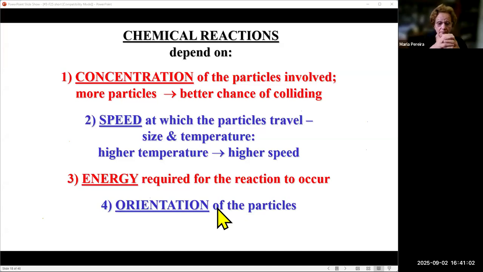Then if it bumps into the other particle, it can form a bond. So four important parameters that control the efficiency of a chemical reaction are the concentration of particles, the speed at which the particles are moving, which can be controlled by temperature, the energy required, and the orientation of the particle.